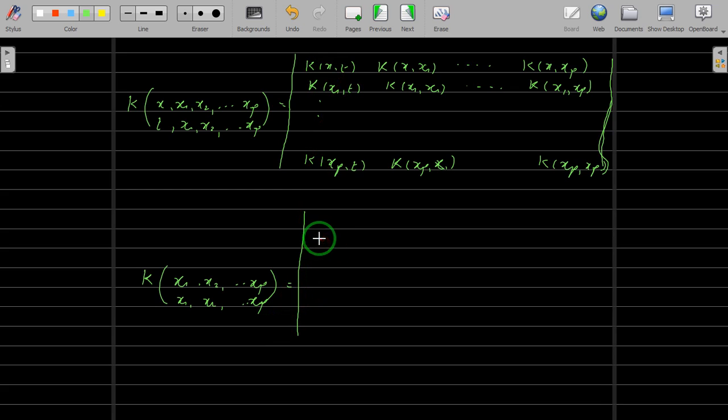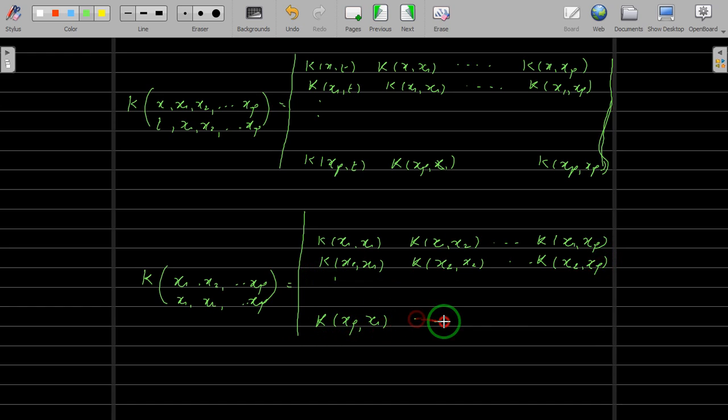And this is K(x1, x1), K(x1, x2), up to K(x1, xp), then K(x2, x1), K(x2, x2), K(x2, xp), and here we have K(xp, x1), up to K(xp, xp). In short, suppose you want to find K of x1, x2 over x1, x2, you have to find this determinant of order 2 by 2, and that is your value of this K, right?